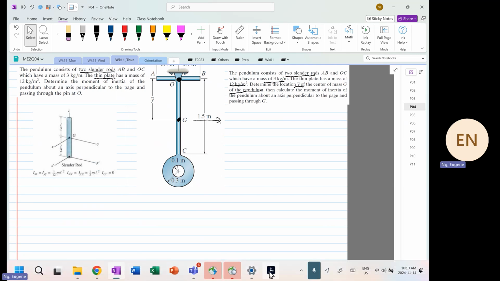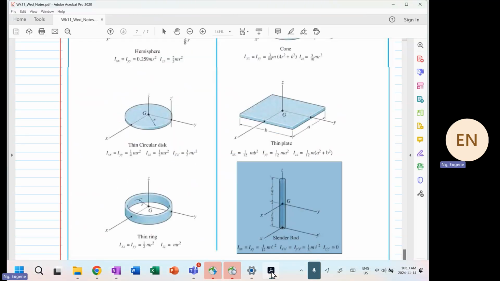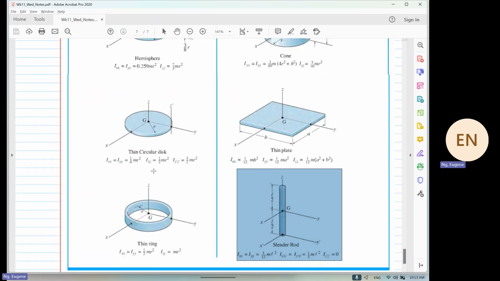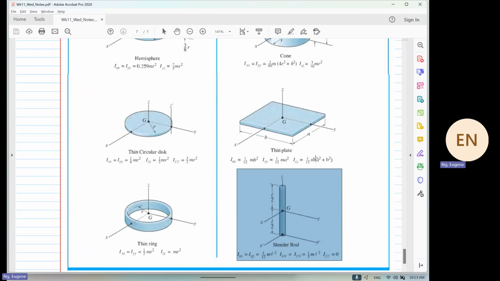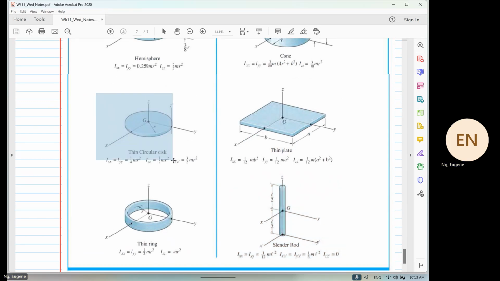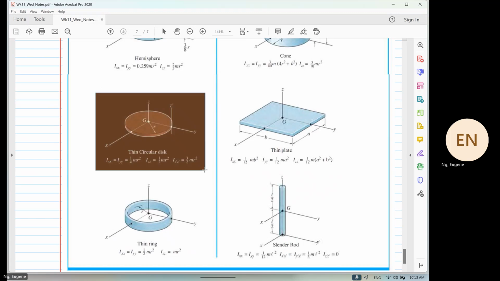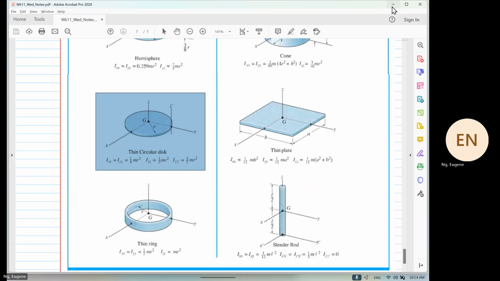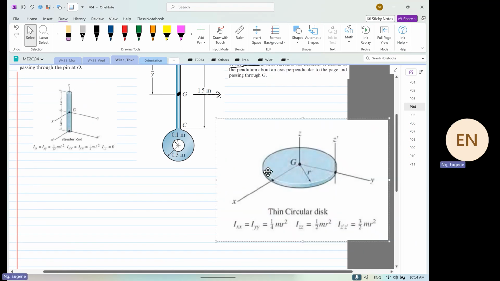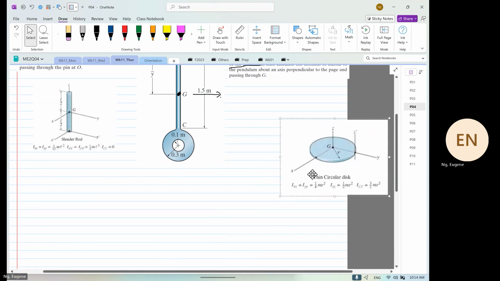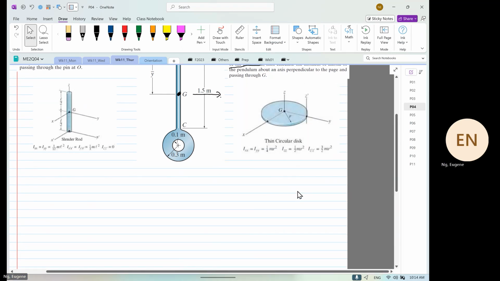Yes or no? So you ask yourself, is it a cylinder? No, they say it's a thin plate. So thin circular disc, good enough. Are we clear? So we are going to refer to this.